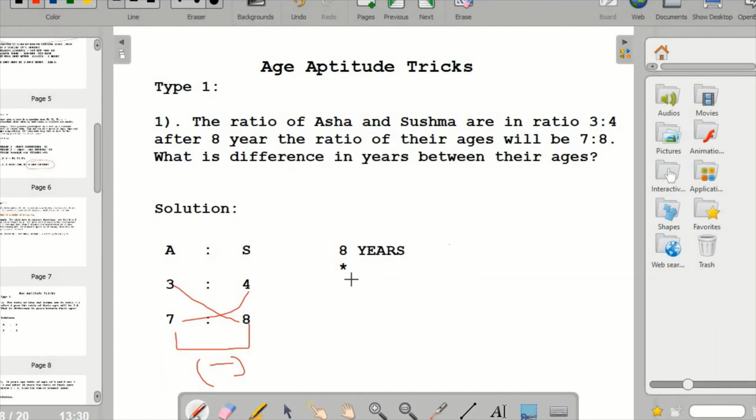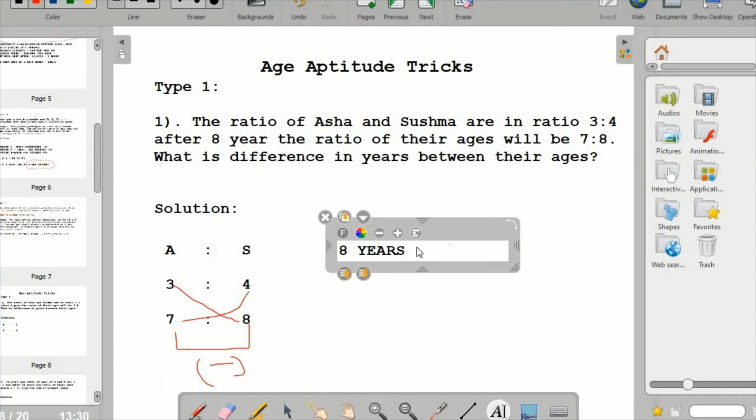So here, after 8 years, it is 8 into (8 minus 7) divided by (7 into 4 minus 8 into 3).